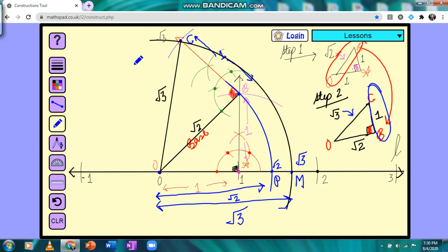And going further, you can keep continuing to construct triangles in such a way, and you will obtain further values, root 2, root 3, then you will obtain root 4, then root 5, root 6, root 7, and so on and so forth.